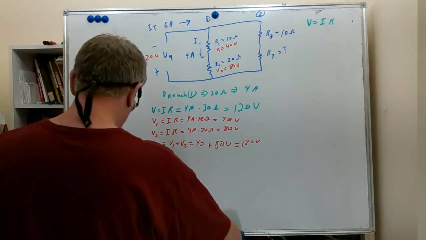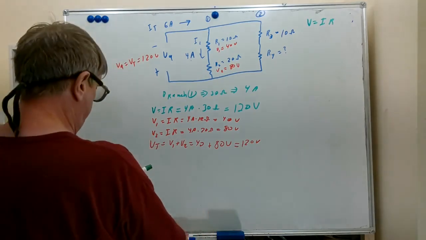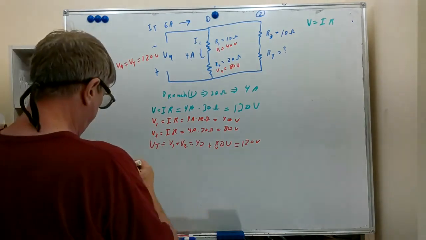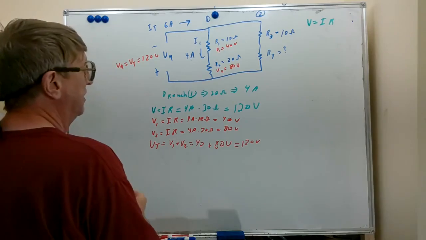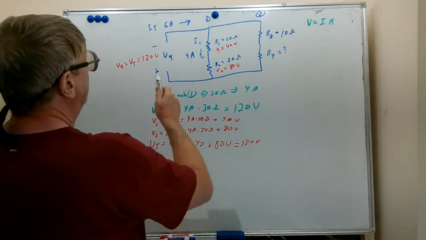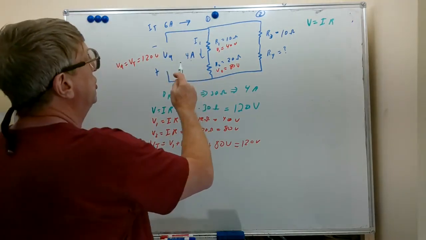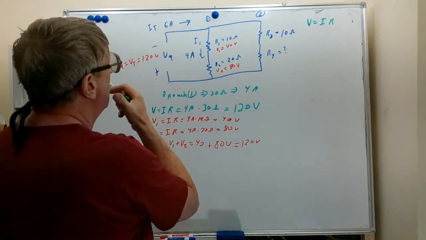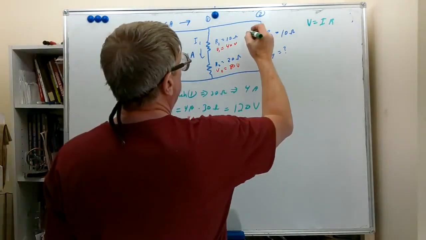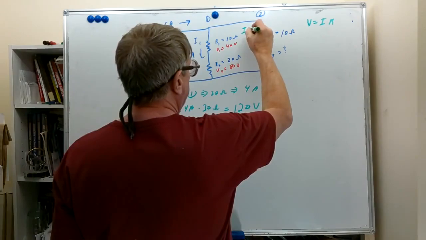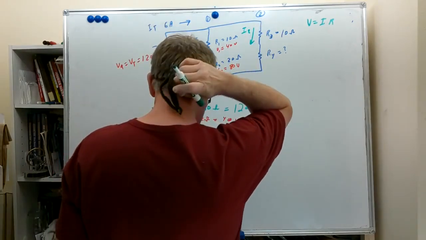Now, let's figure out what the current in branch 2 is. We have the total current, 6 amps. We have I1. We do not know yet I2, but let's put an arrow here. We're going to figure that out.